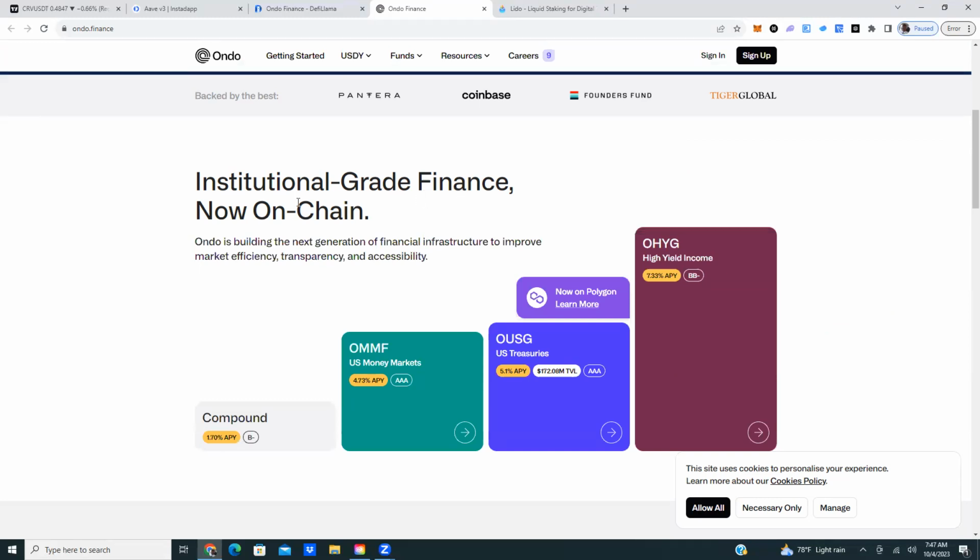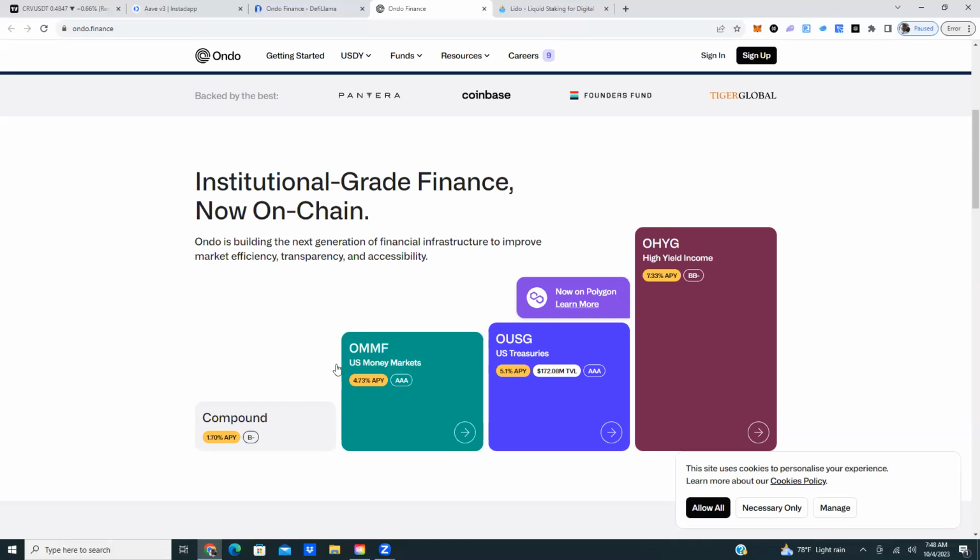So institutional grade finance now on chain. Ondo is building the next generation of financial infrastructure to improve market efficiency, transparency, and accessibility. What they are doing on this particular platform is allowing you to generate interest using these money markets.